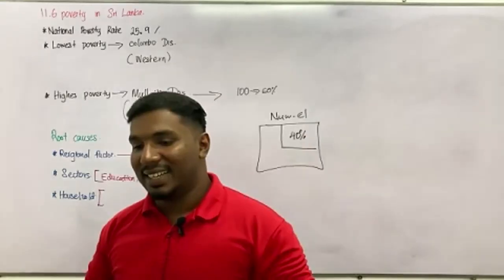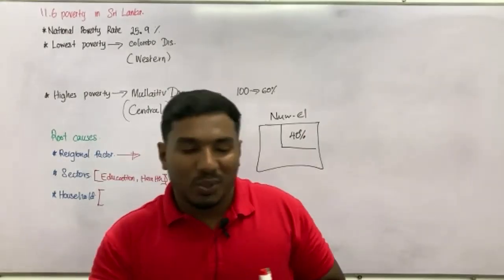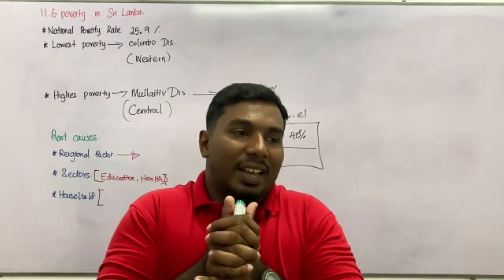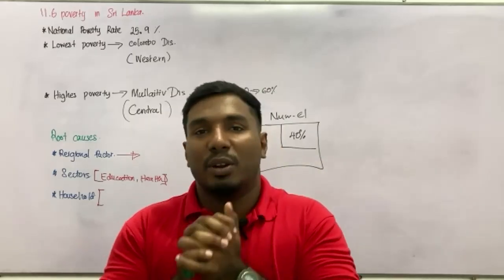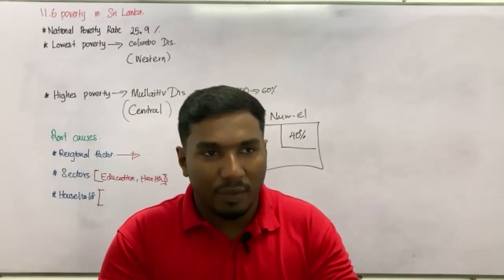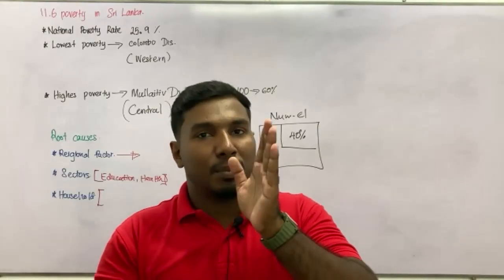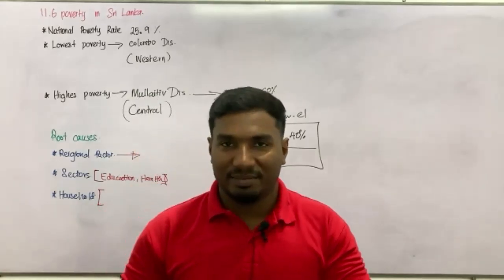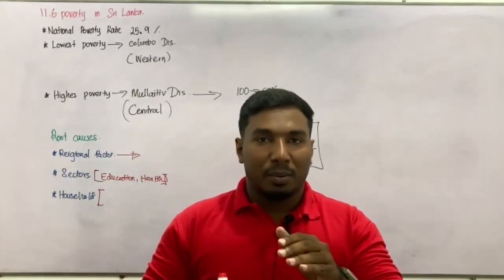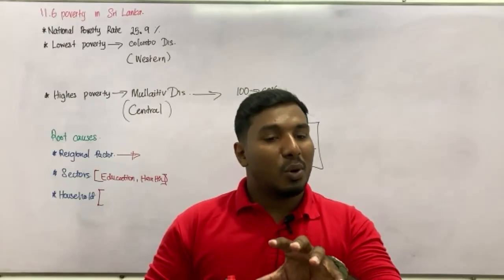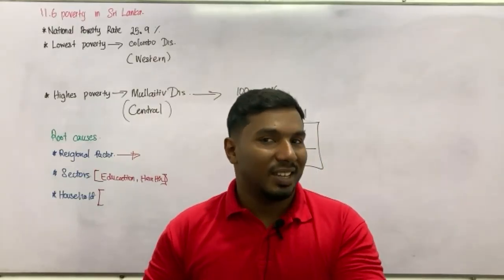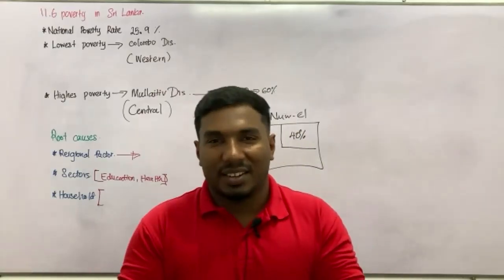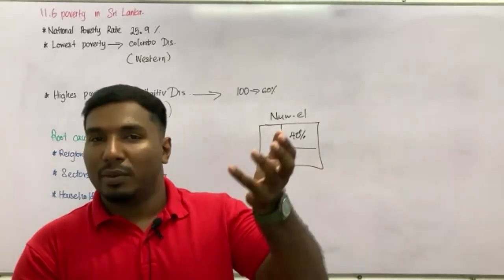Actually, if you look at the families in Colombo, every family has a minimum of one child, a maximum of three. The families in Colombo don't go beyond three. Why? Because it's very difficult to live in Colombo if you have four, five or six children.